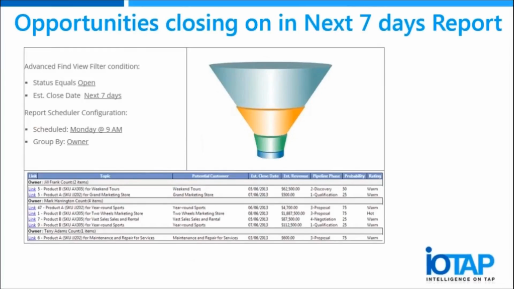This is basically showing you all the opportunities which have a close date of next week, so that you could email this. You could email this report weekly, and your sales team can do follow up with all these opportunities. You can see that there is a group by added in this report. We have grouped it by the owner.